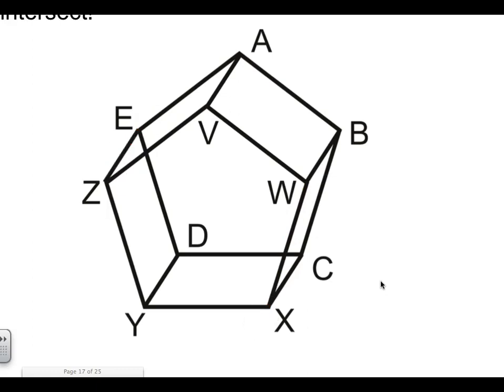Fun fact, EZ and CX are actually parallel, right? They're going the same direction, but they're not in the same plane. But here's the confusing part. You could kind of connect a plane right there.